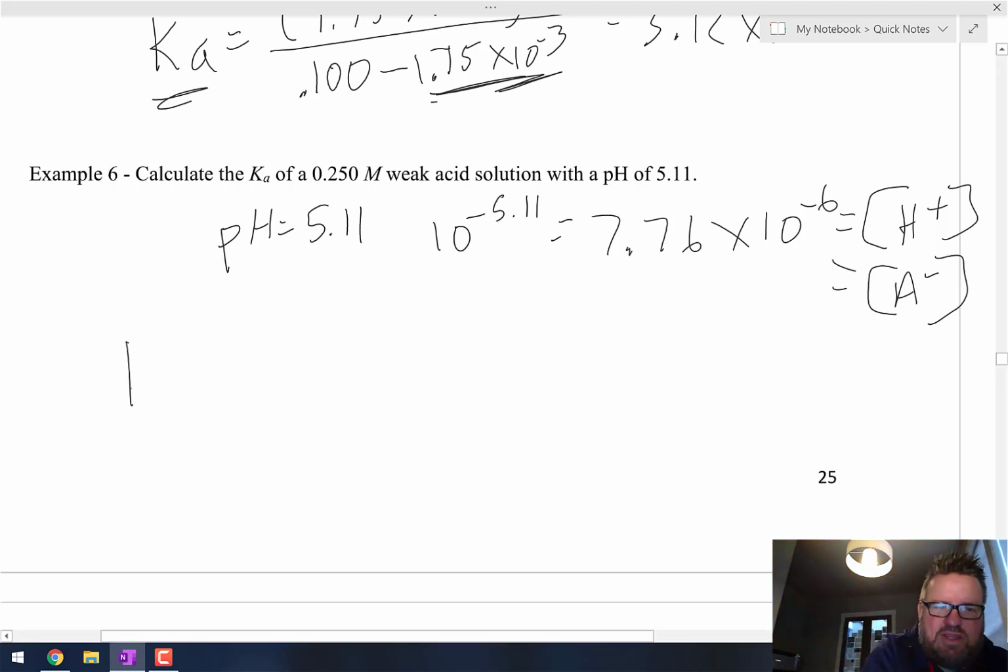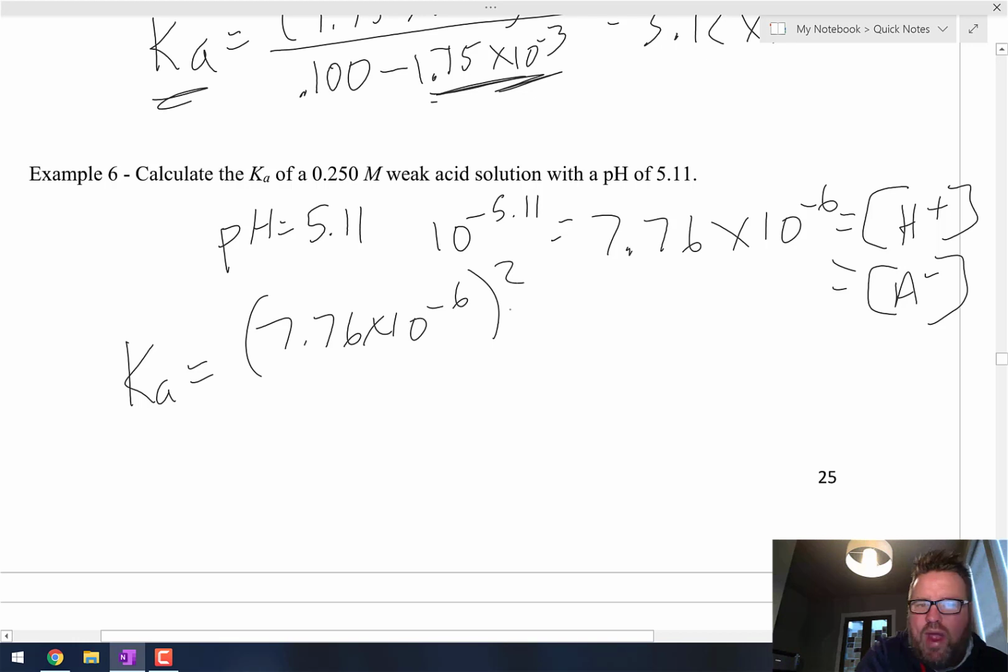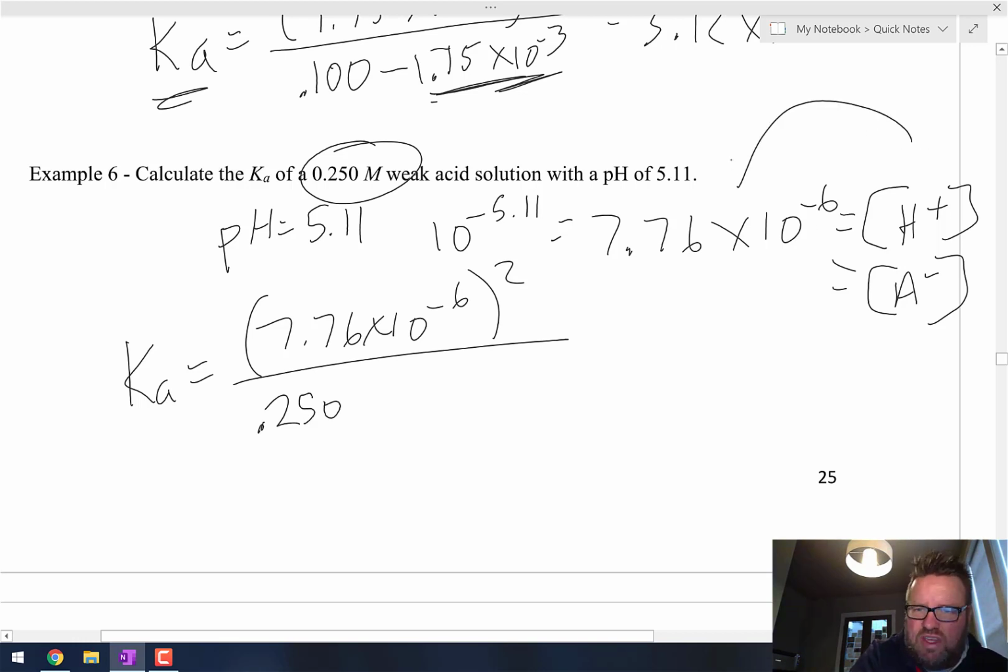So that means the Ka is going to equal, and now it looks just like example number 5, 7.76 times 10 to the minus 6th squared over the concentration of that weak acid. And again, in this case, this x value is so small it's not going to make a difference, but we still want to include it.